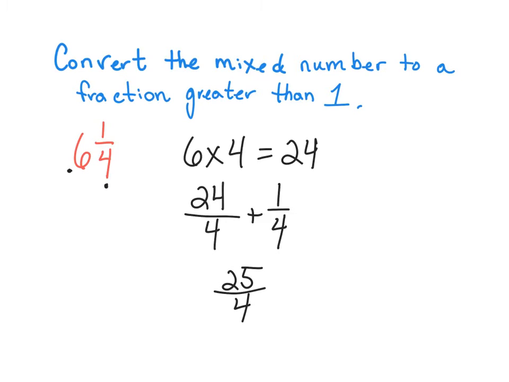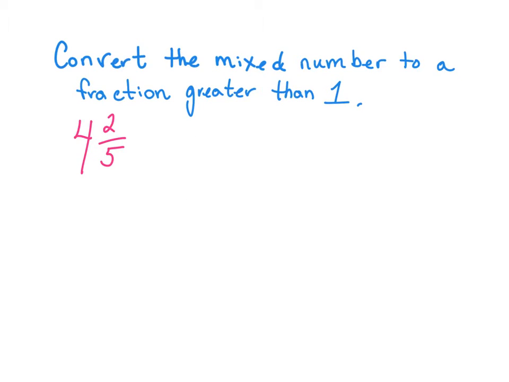So this is a much quicker way of solving this. What we did here is we multiplied these, and then we added it to the 1/4. Convert the mixed number to a fraction greater than 1. 4 2/5. Okay, so we're going to multiply the 4 and the 5, which would give us 20/5.